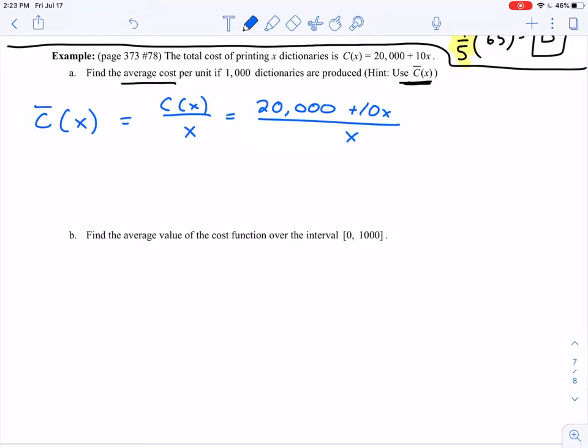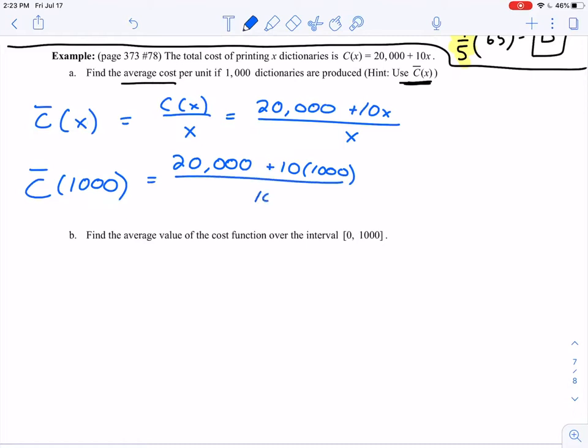But I want to evaluate this if 1,000 dictionaries are produced, so I want C bar of 1,000. So here I'll have 20,000 plus 10 times 1,000 divided by 1,000. Here let me grab my graphing calculator. 20,000 plus 10 times 1,000 would be 30,000 divided by 1,000.